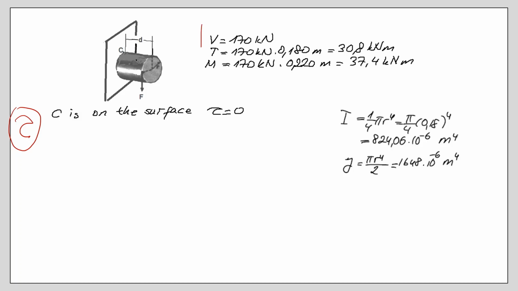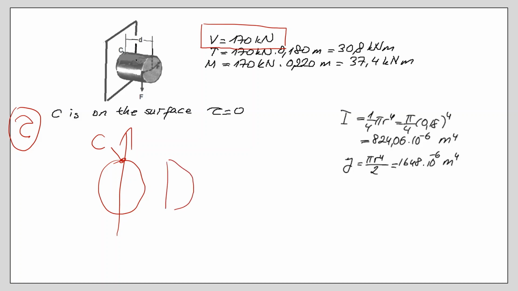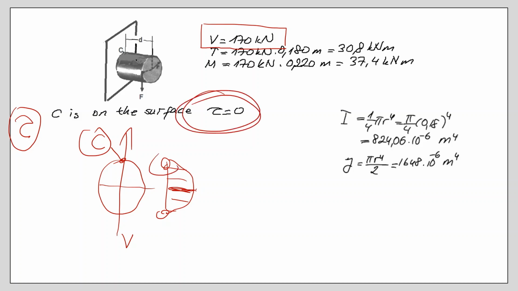Well, there may be shear stresses due to this shear force. This shear force is acting like this. My point C is over here. So the shear stress distribution due to this force V will look like this: 0 on the surfaces and maximum on the neutral axis. So my point C is on the surface, so tau equals 0.